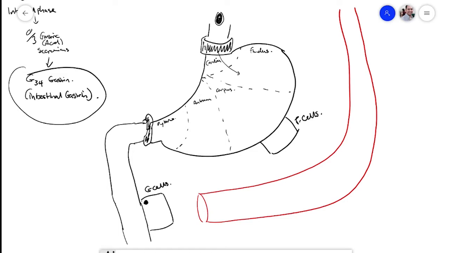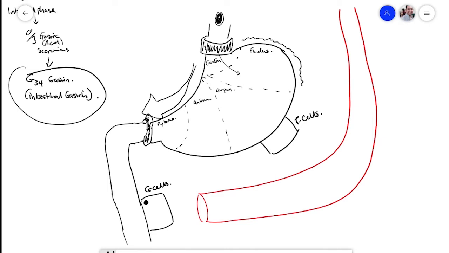Then we end up, after all the goodness has happened, where we get the HCl secretion, proteins start to get broken down, we get strong peristaltic waves working their way through the stomach, and they get stronger as they come towards the pylorus.